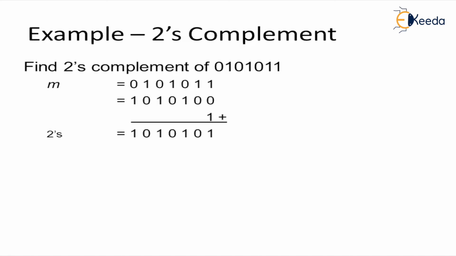Now take the number 0, 1, 0, 1, 0, 1, 1. This is the value that is assigned. Convert it into 1's complement: 1, 0, 1, 0, 1, 0, 1, 1. That is, 0 becomes 1 and 1 becomes 0. Add 1 to it, and it becomes your 2's complement, 1, 0, 1, 0, 1, 0, 1.